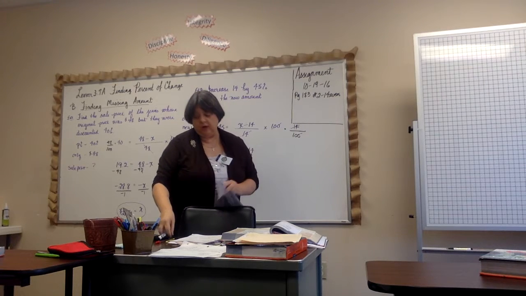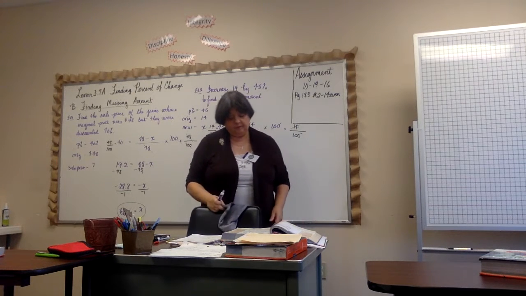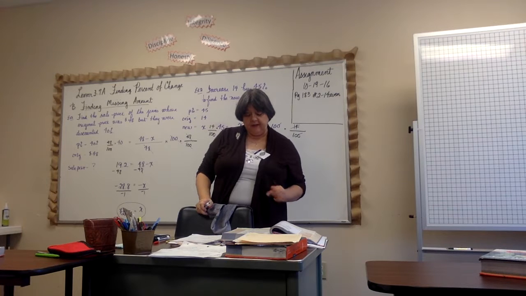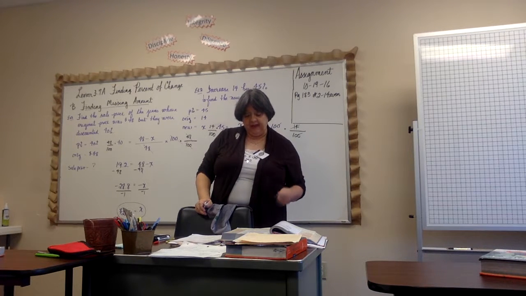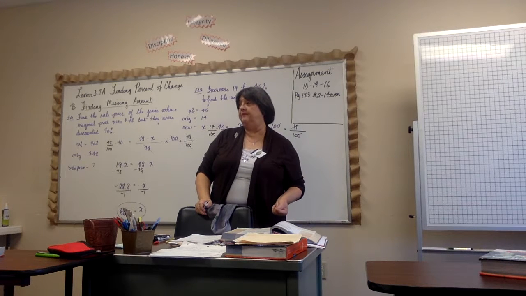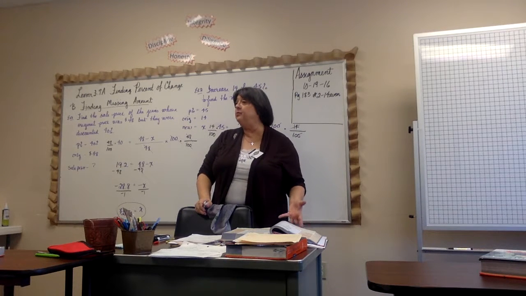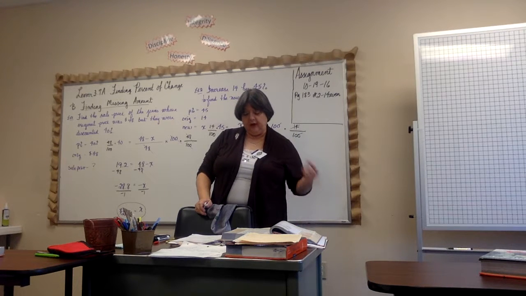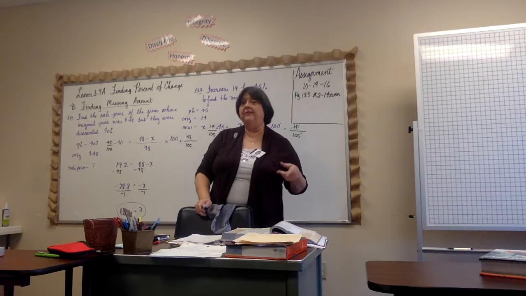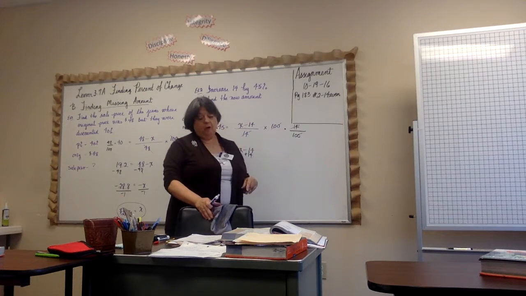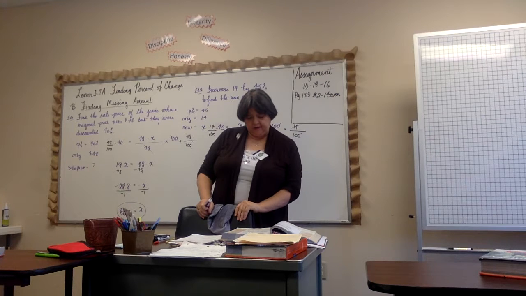Look at the first ones. Identify the percent of change as an increase or decrease, and then find the percent of change. Now these are like the first ones I did for you. You got the original number, you have the new number, decide if it's increase or decrease, and then fit all of that into the formula and crank it out.